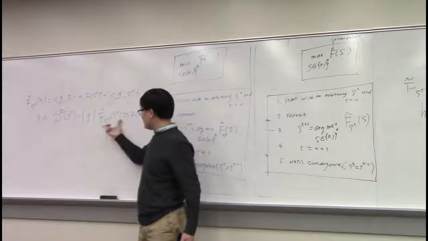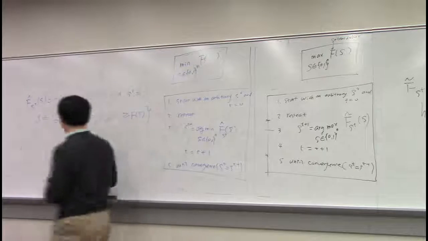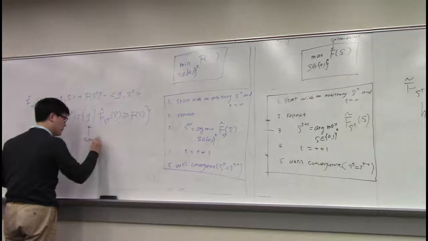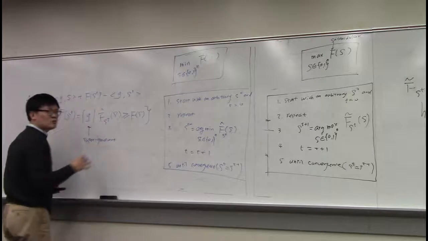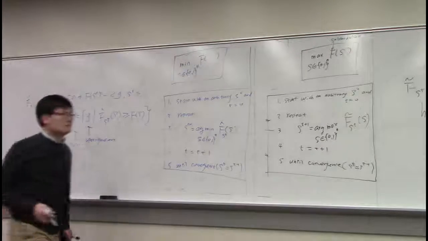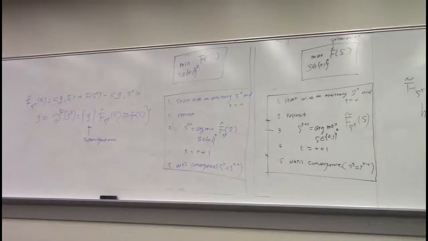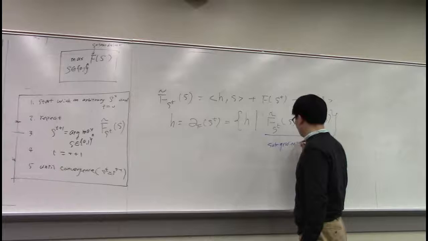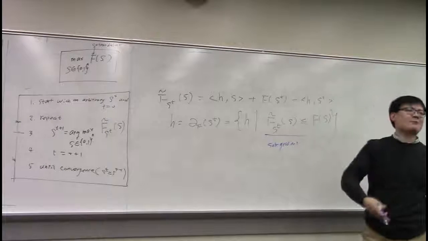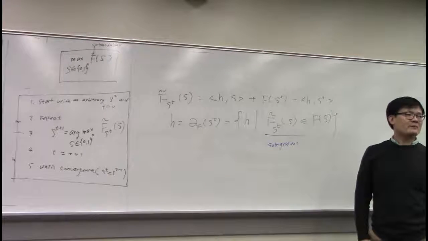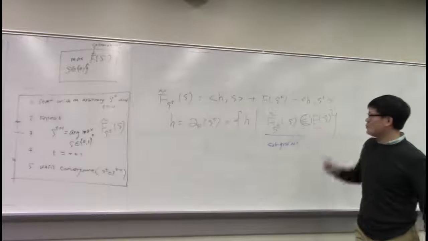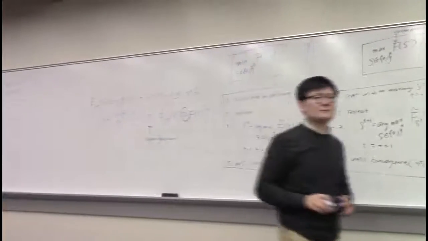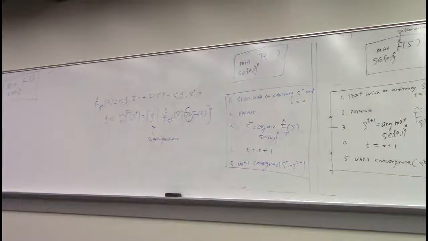And because this is an upper bound, this is called a supergradient. Super, right? Above. And then this is a subgradient. Sub, right? Sub is below, right? Okay? The only difference is this is less than or equal to. This is greater than or equal to. Okay? So that's why this is what I said, right?